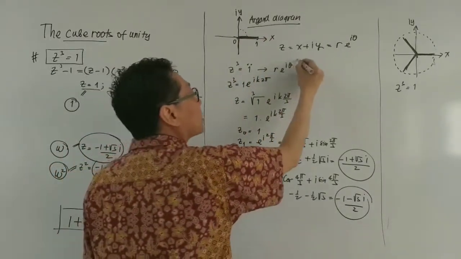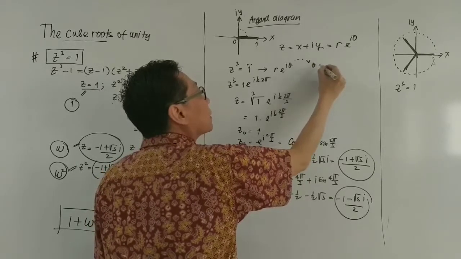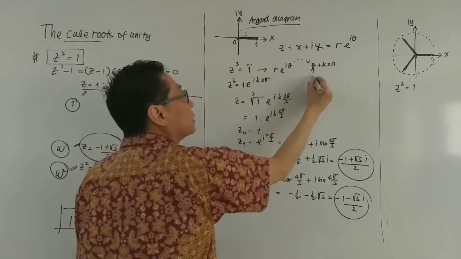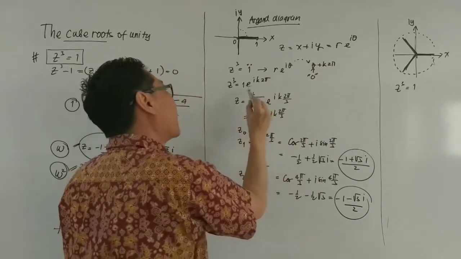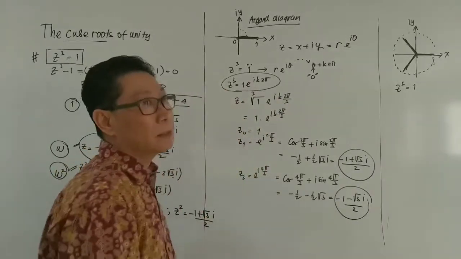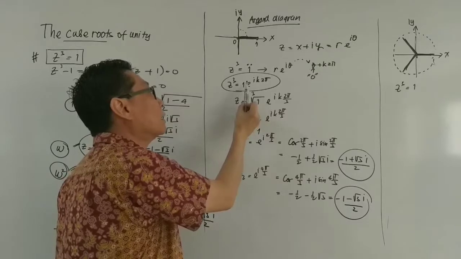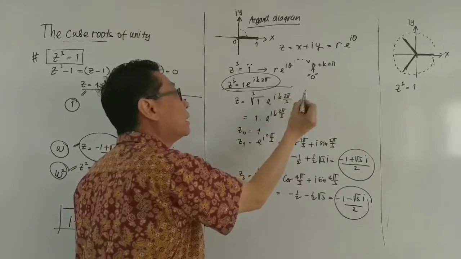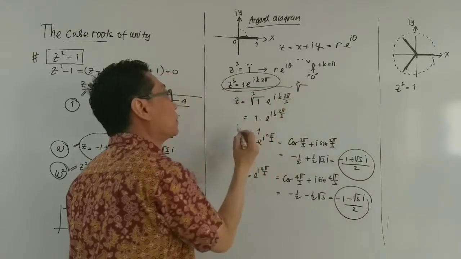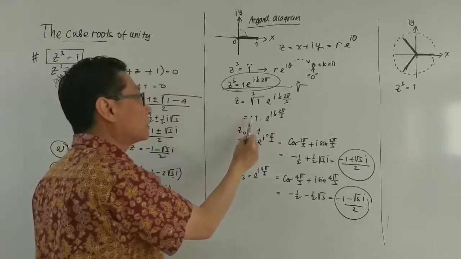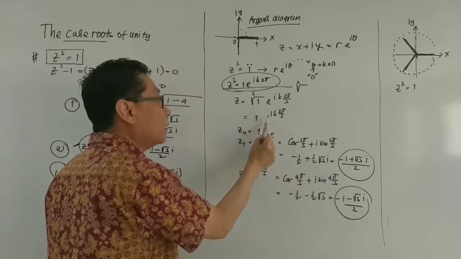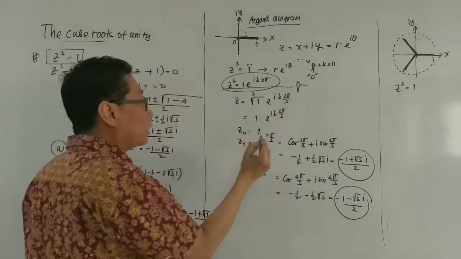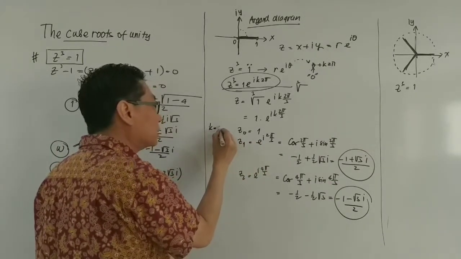So we have theta plus 2k pi, because the argument is 0, so we can express it like this: 1 times e to the i 2k pi. If we take the cube root, we have z equals e to the i 2k pi over 3.